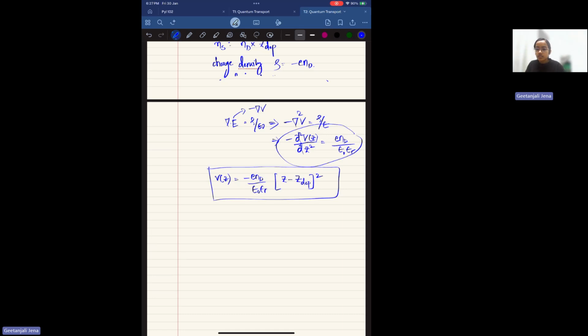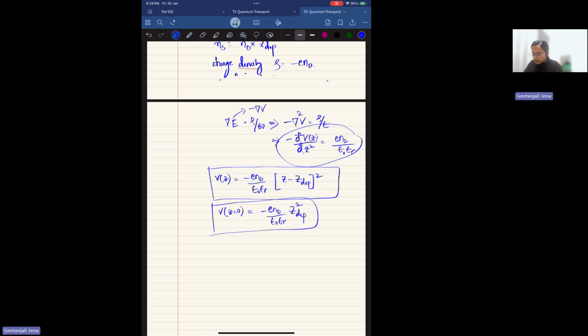If you want to find out the potential at the surface, let's say Z equal to 0 is where we are considering the surface. So for Z equal to 0, this will be e Nd over epsilon naught epsilon R times Z depletion region square. So this is how we can calculate the potential that the electron will experience when it moves from the bulk to the surface.